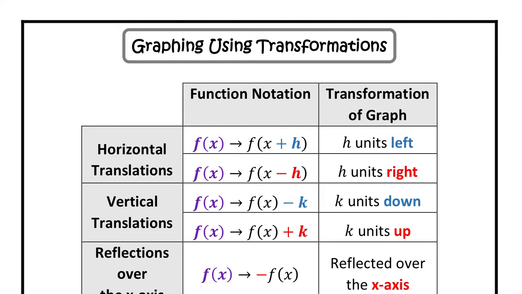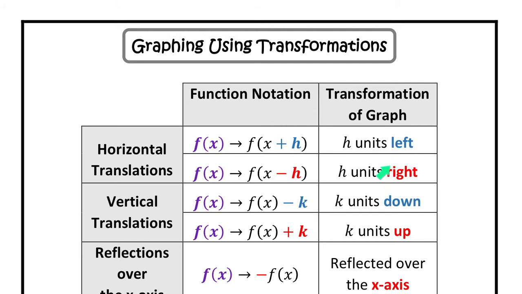Some of the things that, if you remember from absolute value, if you're adding or subtracting inside of the absolute value, or inside of the function, in this case the quadratic function, that tells you if you're going to the left or the right. If you're adding, then you're going to the left. If you're subtracting, you're going to the right.